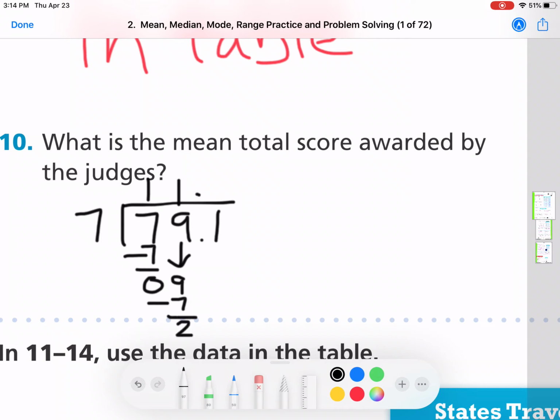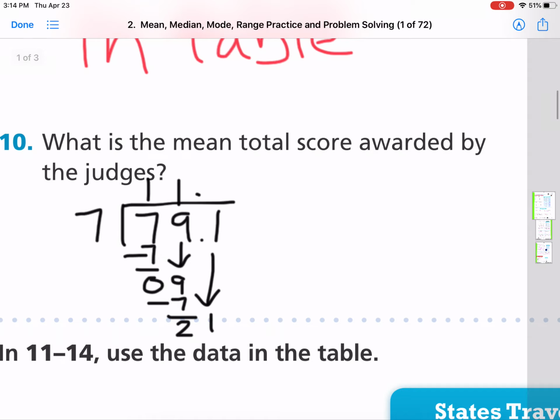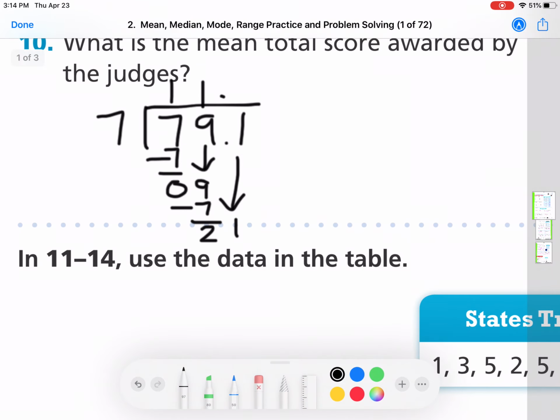Bring up my decimal in my answer, bring down my 1. Let me just scroll up a little bit so you can see it a little bit better. And then 7 goes into 21 3 times. 3 times 7 is 21. Subtract and I get 0. So my mean then is 11.3.